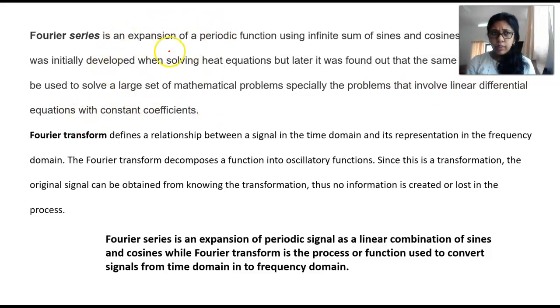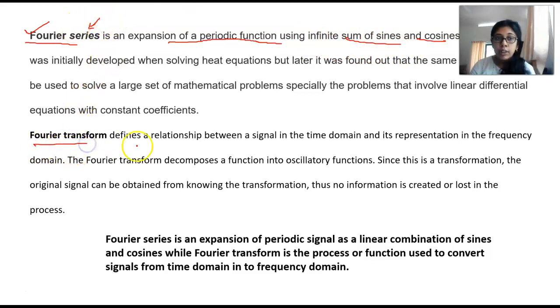So this basic definition should be familiar to you, because Fourier series is an expansion of a periodic function using a sum of sines and cosines. You can express a particular periodic function as an infinite sum of sines and cosines, and that representation is the Fourier series.